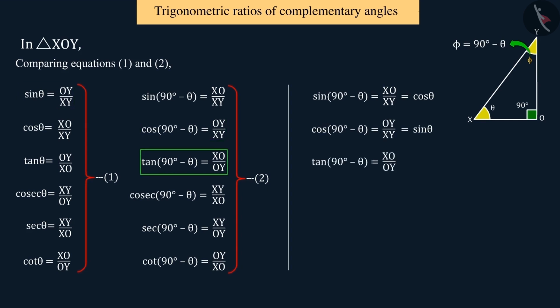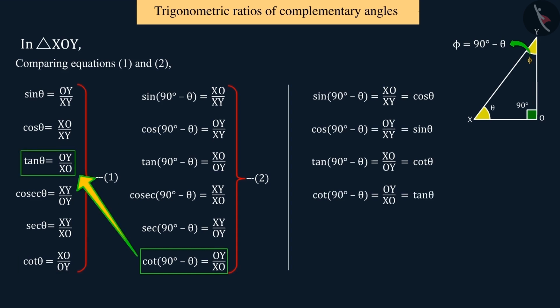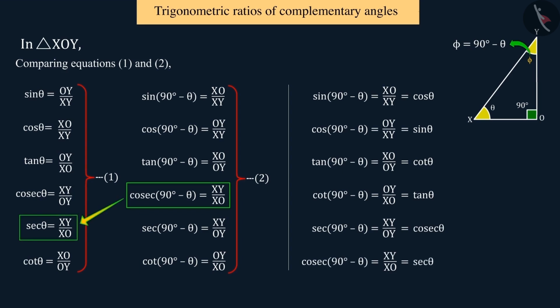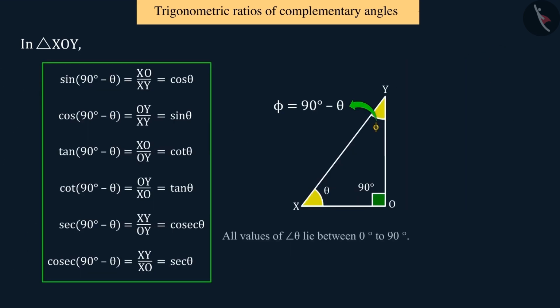Similarly, tan (90 degrees minus theta) is equal to cot theta. Cot (90 degrees minus theta) is equal to tan theta. Sec (90 degrees minus theta) is equal to cosec theta. And the value of cosec (90 degrees minus theta) is equal to the value of sec theta, where all values of the angle theta lie between 0 degrees and 90 degrees.